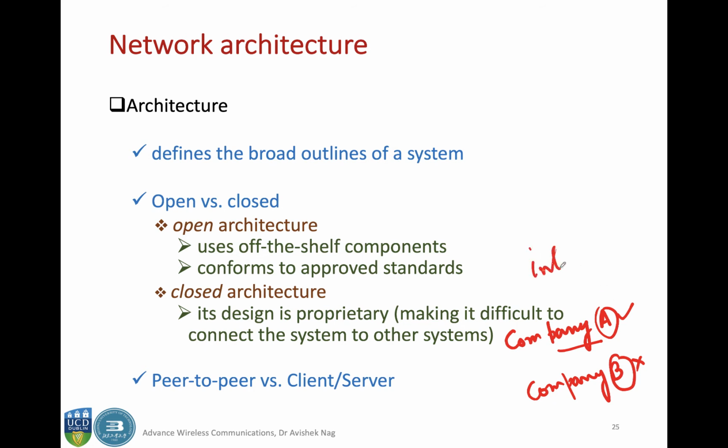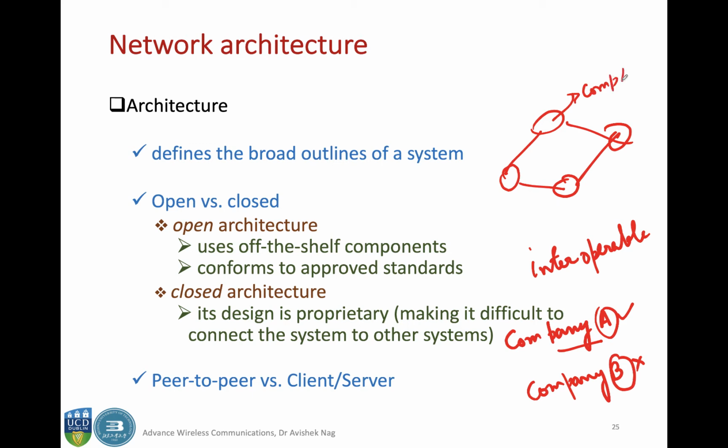So if you have a network like this, and say this switching node uses components of company A, and this switching node uses components of company B, and if it is an open architecture, then this is feasible, because company A products and company B products conform to a common approved standard.